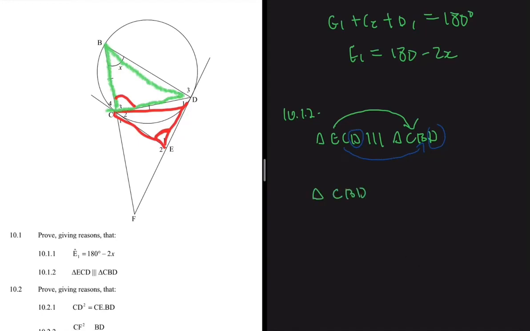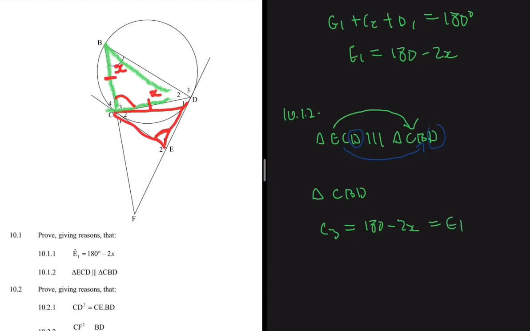In triangle CBD, C3 will be equal to 180 minus 2x. Why am I saying 180 minus 2x? Because B, we've already established, is x, right? But this angle D2 here will also be x, because line CB is equal to line CD, right? So C3 will be 180 minus x minus x. So we have proved that C3 is equal to E1.